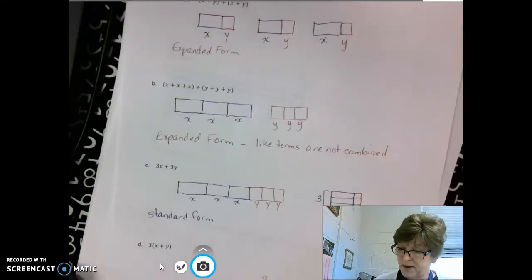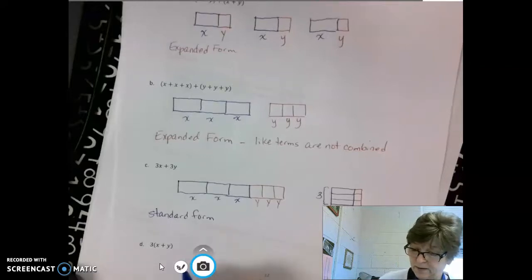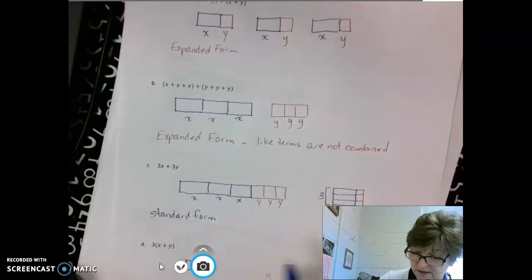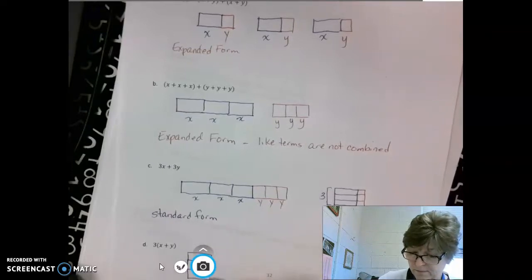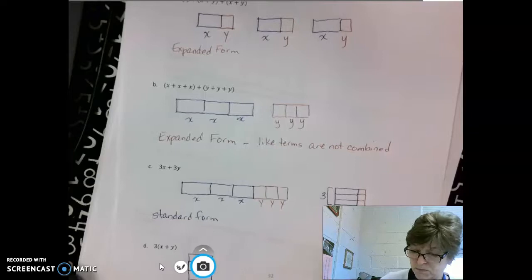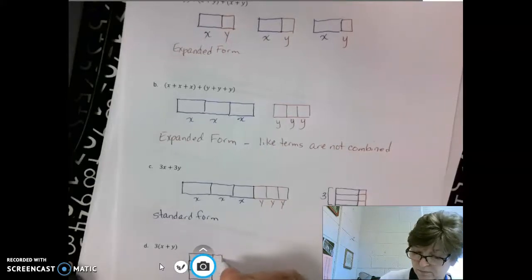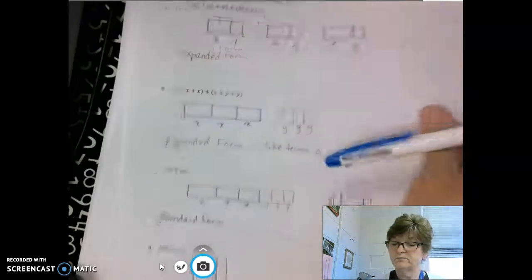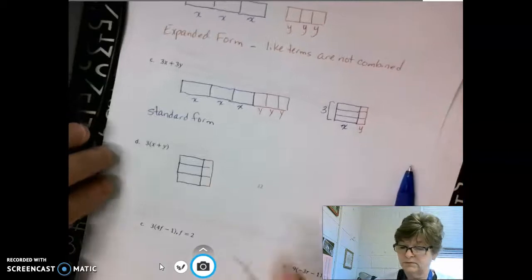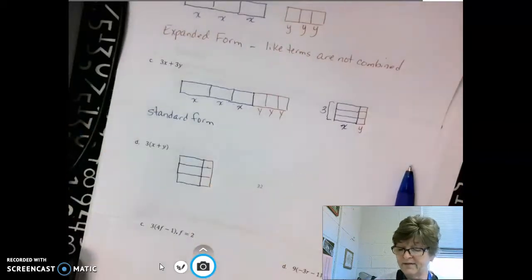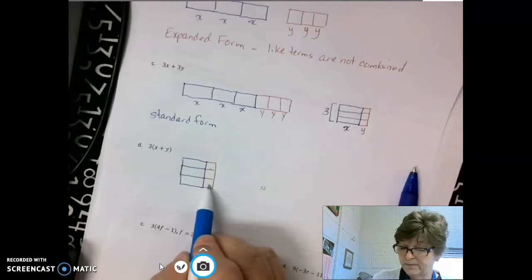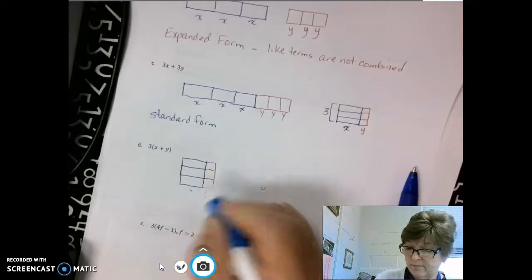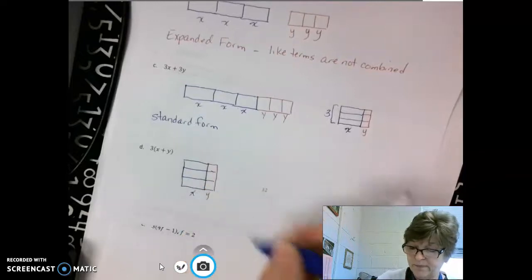Well, in this bottom, take a look here. I have an xy and an xy and an xy.